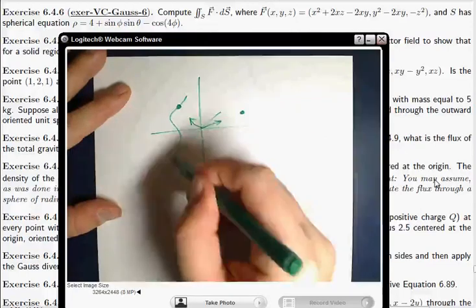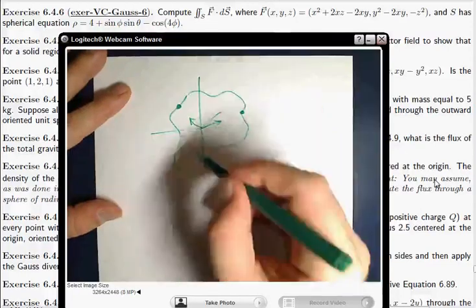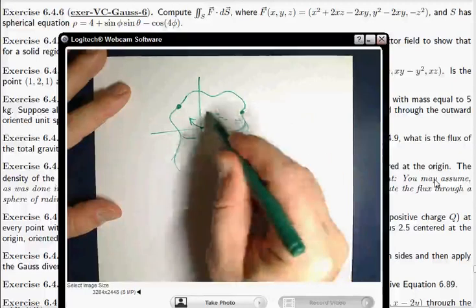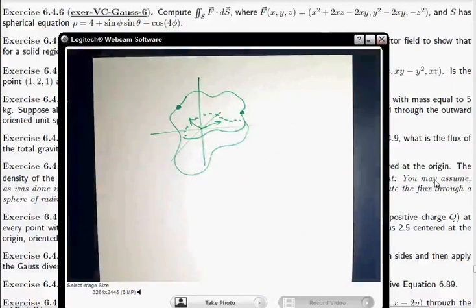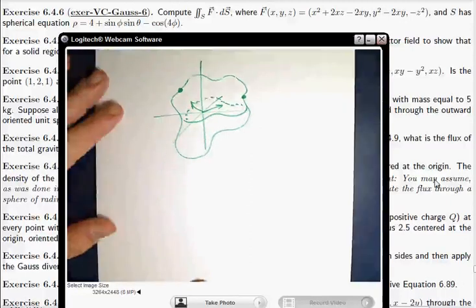In particular, it might be lumpy, but this is some sort of a surface that wraps around the origin like this. Does that make sense? Okay. So this surface with this spherical equation is of that sort. All righty. So now let's compute flux.